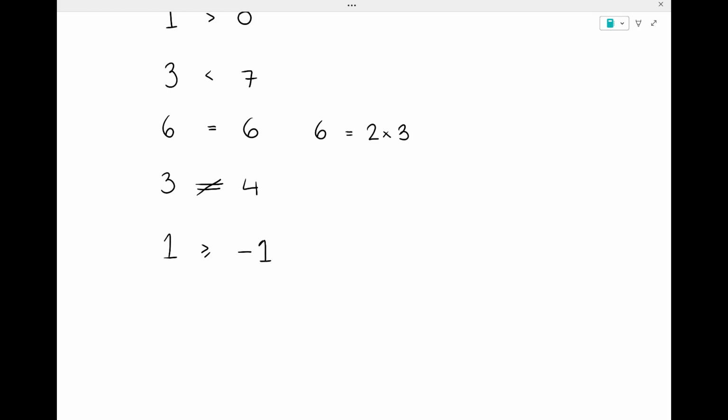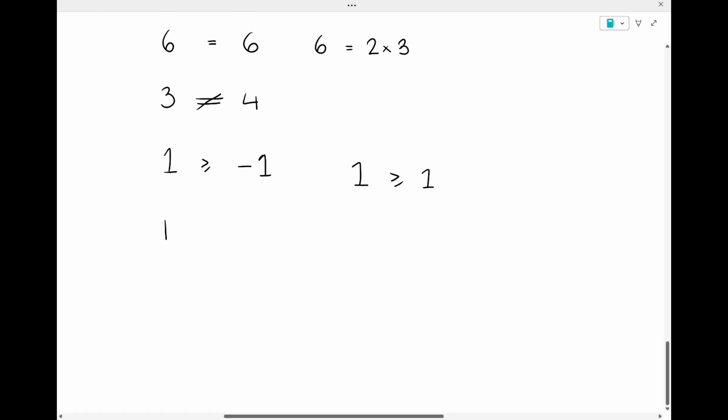We could also say that 1 is greater than or equals to 1, because it is equals. Finally, 10 is smaller than or equals to 15. 10 is also smaller than or equals to 2 times 5.